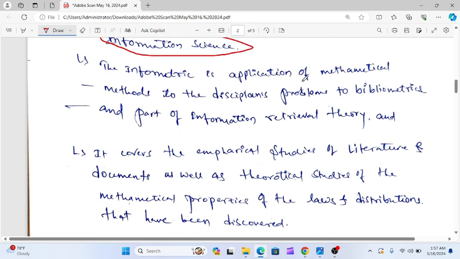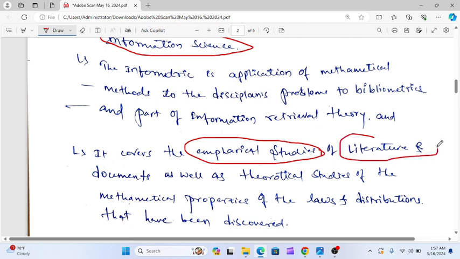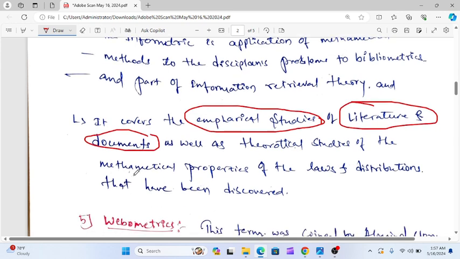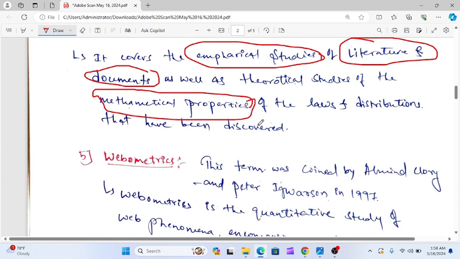It covers empirical studies of literature and documents, as well as theoretical studies of the mathematical properties of the laws and distributions that have been discovered. These all will be discovered in informetrics.